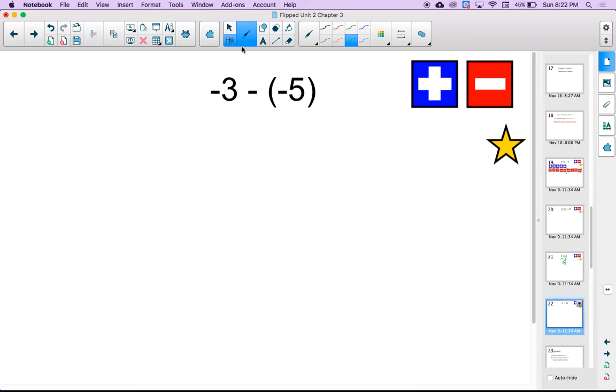Let's see another one. This is an even better one. We've got so many signs going, it's very confusing. It's really, really not. We read it out loud: negative 3 minus negative 5. We start attacking when we see the minus sign. Minus, we add a line to make it plus, and then we change the sign of the next number. Again, this is already a negative 5. Change the sign to make it a positive 5. Our new problem is negative 3 plus 5.